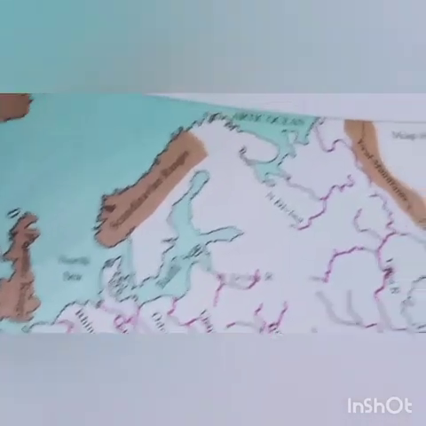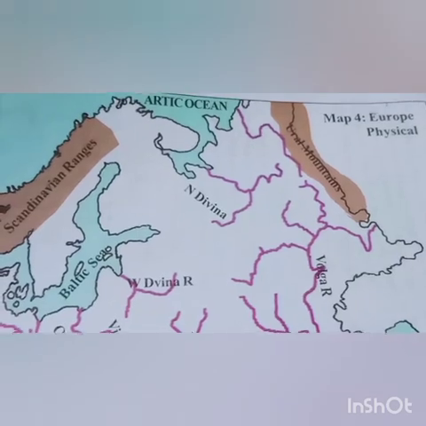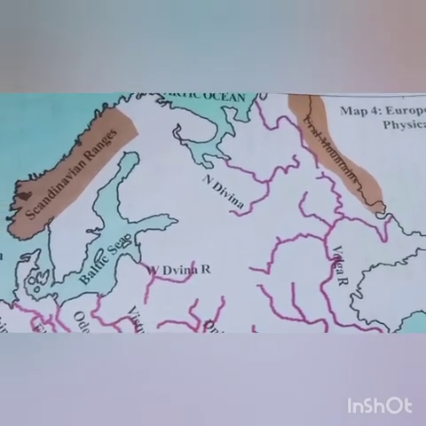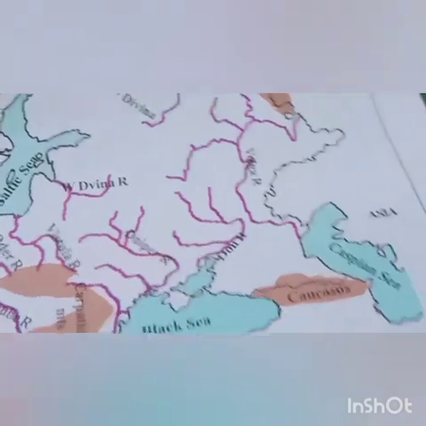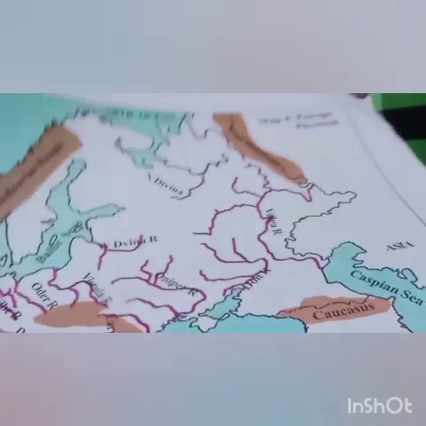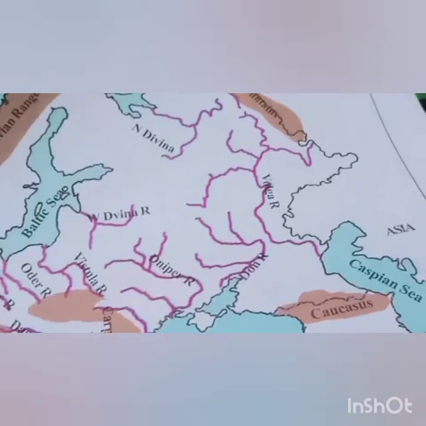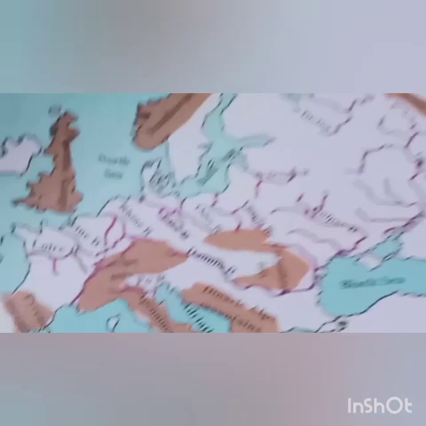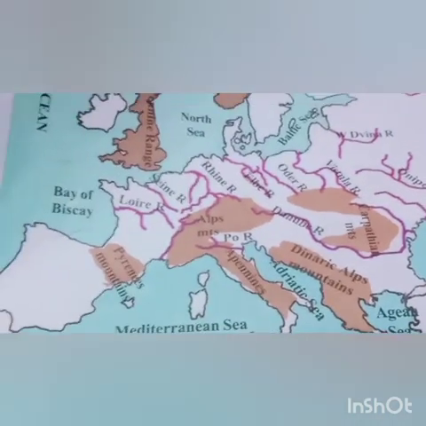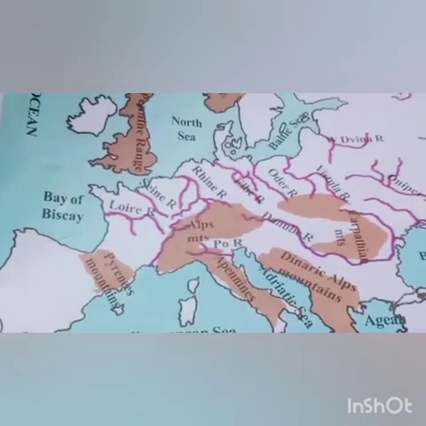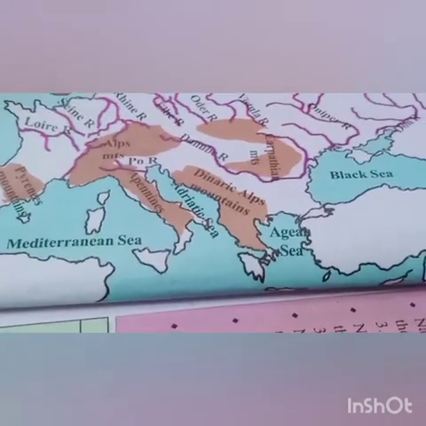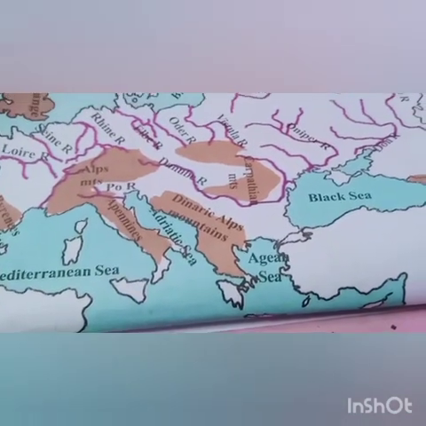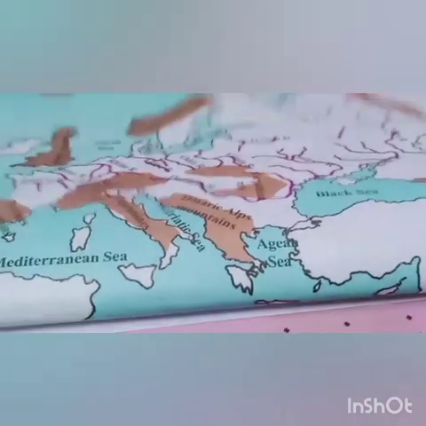See the Scandinavian range, the Volga River, the Caspian. Then the Dnieper, Dvina, Vistula, Oder, Rhine, Seine River, we have the Bay of Biscay, Loire, Pyrenees, the Mediterranean Sea, and the Adriatic Sea, River Danube, the Aegean Sea.